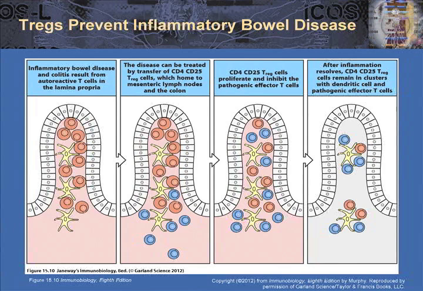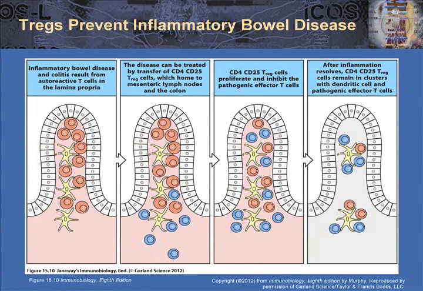So in mouse models, and probably in some forms of human inflammatory bowel disease, this results from autoreactive T cells that are present in the lamina propria that don't belong there. The disease in mice can be treated by adoptive transfer of CD4 positive, CD25 positive T regulatory cells, which then home to mesenteric lymph nodes, which are the lymph nodes of the gut, and then go to the colon.